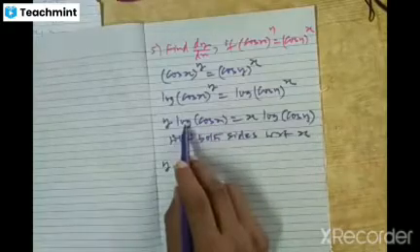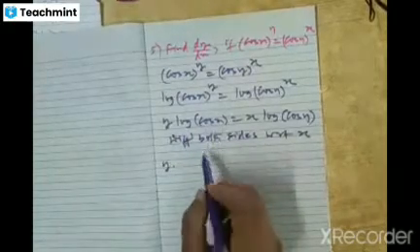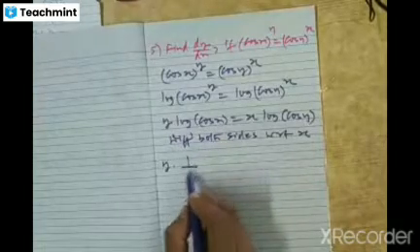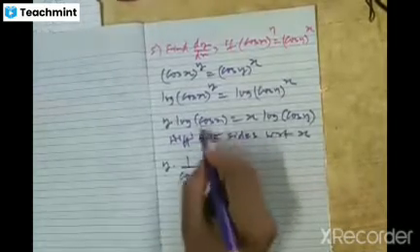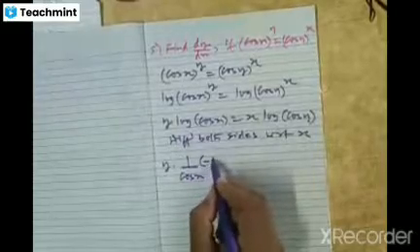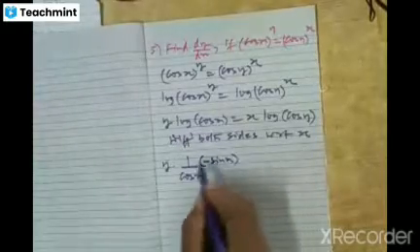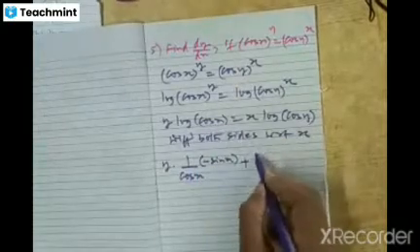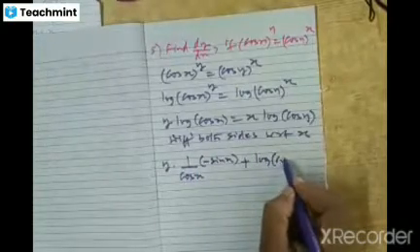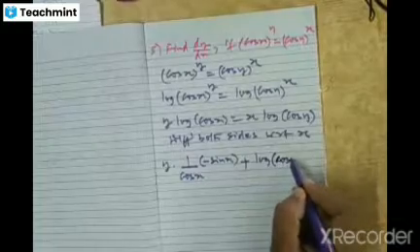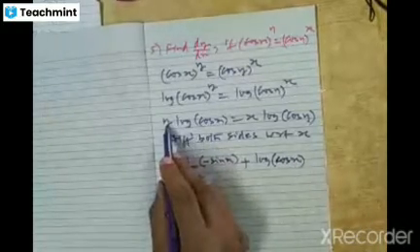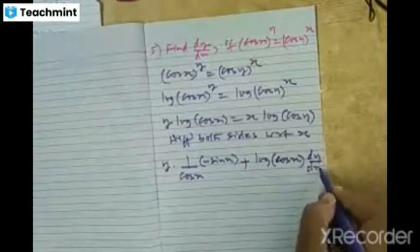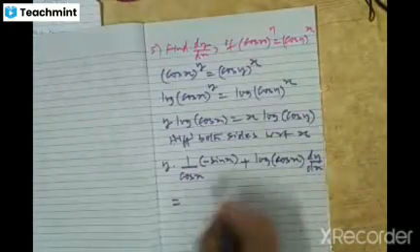The derivative of log u is 1 by u. So here in place of u we have cos x. So 1 by cos x into the derivative of cos x, minus sin x. So write minus sin x within brackets, okay? Plus second function log of cos x into the derivative of first, dy by dx, is equal to the right hand side.